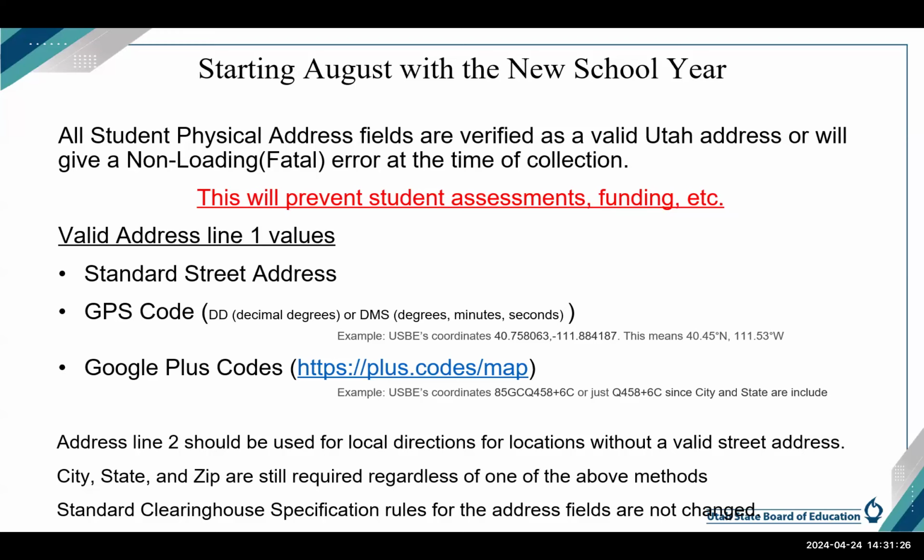To where you're not saying, 41.6 digits and then another of like negative 111 and another set of digits. That's going to be really hard for people to remember. The point and purpose of Google Plus codes isn't limited to what we're using it for.